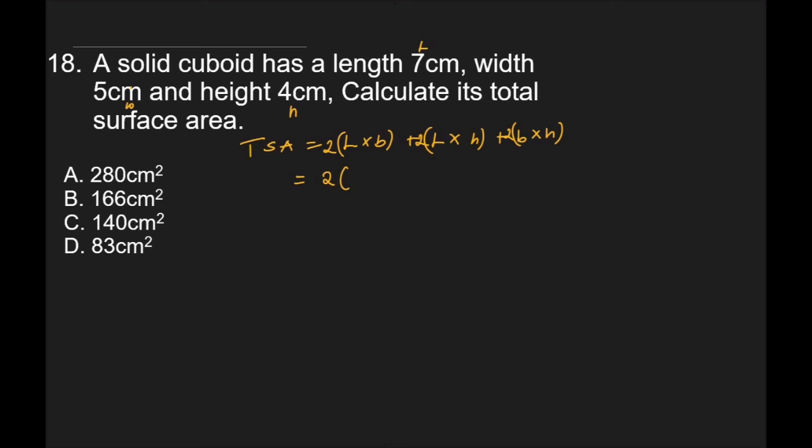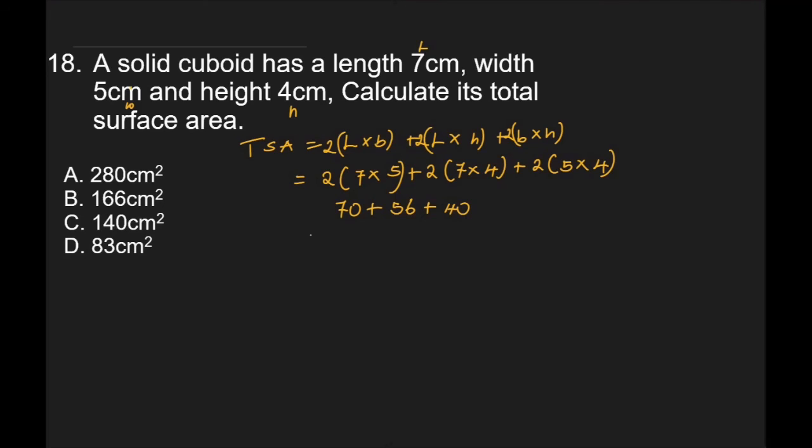So we have 2 into length, 7 times the width, 5, plus 2 into the length times the height, 4, plus 2 into the width times the height. 7 times 5 is 35 times 2, 70, plus 4 times 7 is 28 times 2, 56, plus 5 times 4 is 20 times 2, 40.